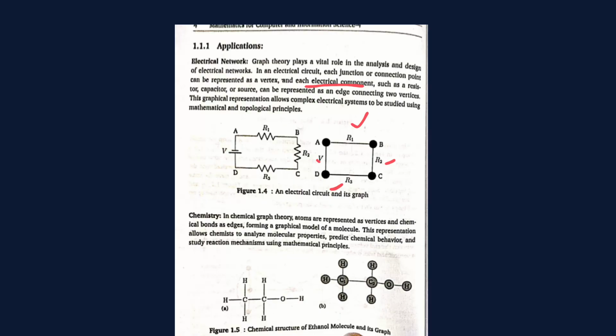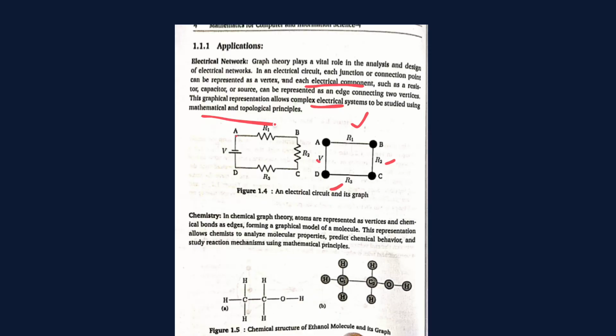Each of these junctions can be considered our vertex, and the electrical component present between these junctions, like resistors, capacitors, or the source, can be considered an edge connecting these two vertices. The graphical representation allows complex electrical systems to be studied using simple mathematical and topological principles.